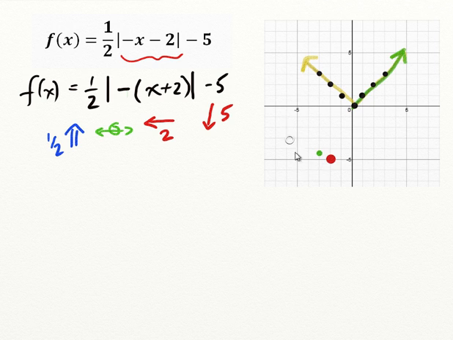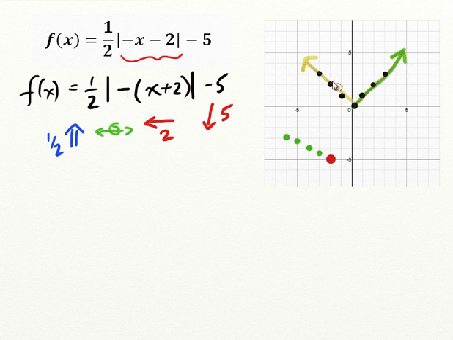Okay? Then again, I would go over one and up another half, over one and up another half, and then over one and up another half. Okay? Now, what about the yellow arm?